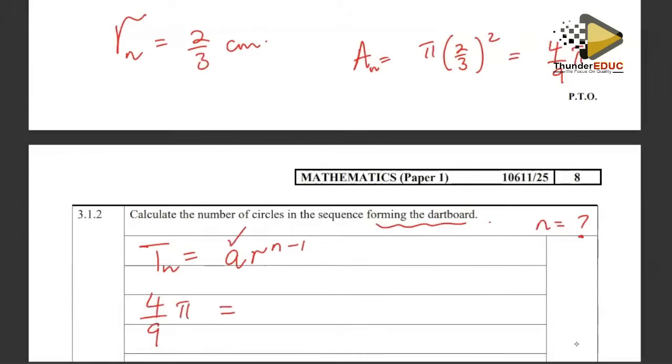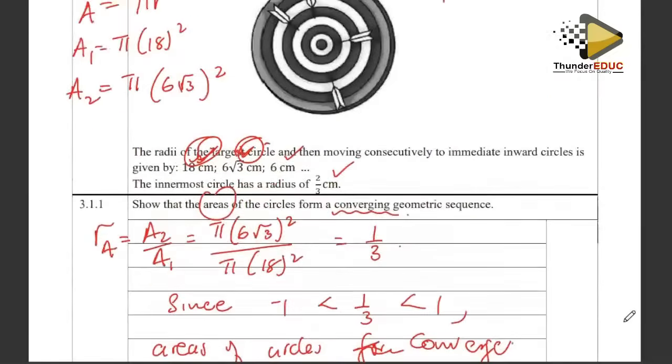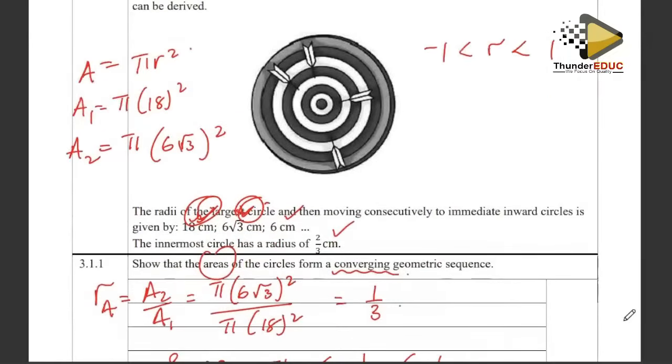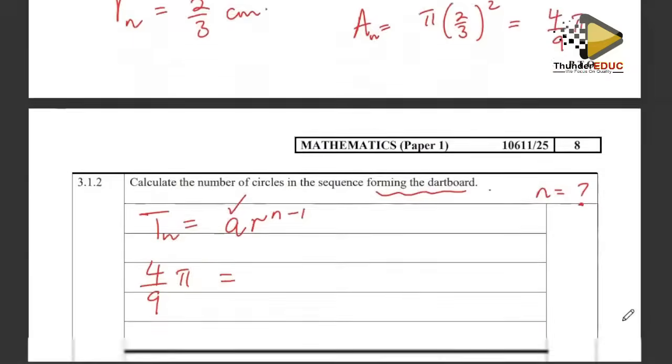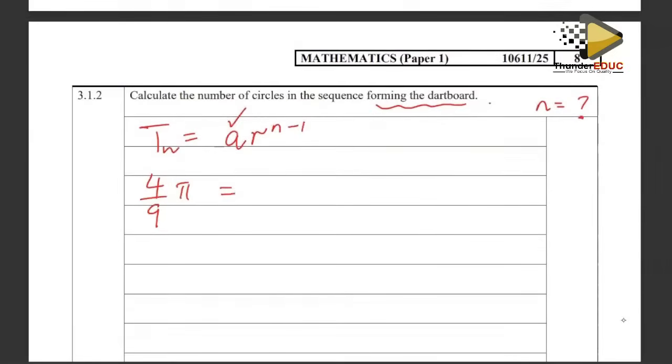What was my first area? We said it was 18 squared. 18 squared gives me 324 pi. So that's the first area. We say the common ratio is 1/3 to the n minus 1.